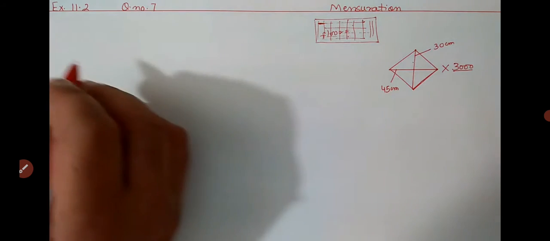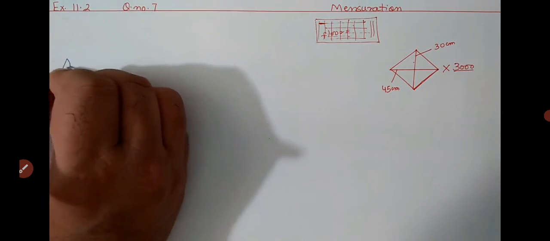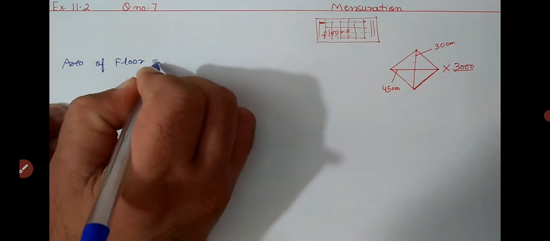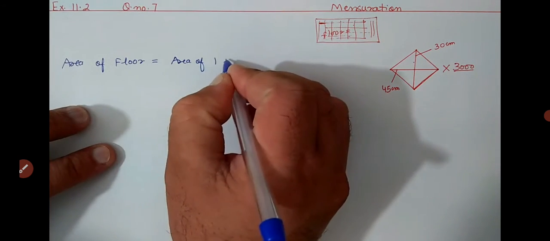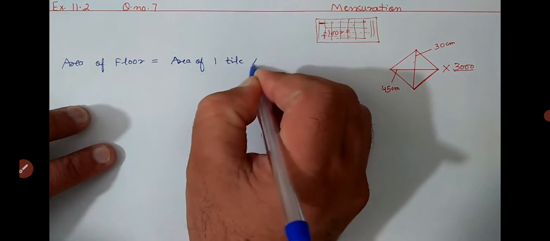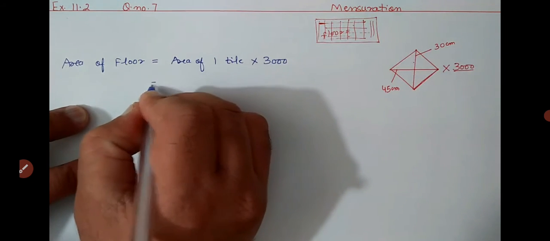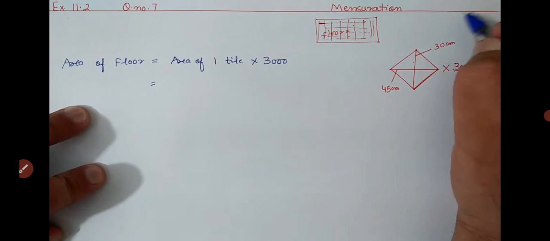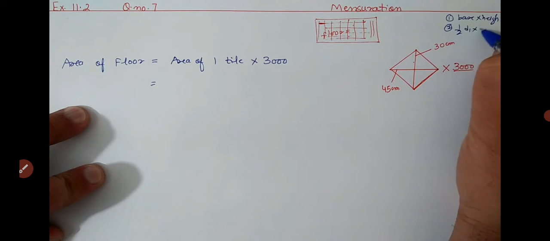So what we can do here, we know the area of the floor is equal to the area of one tile into 3000, because the number of tiles is 3000. So area of tile, because the tile is in the rhombus shape, we know that base into height, and second, 1/2 d1 into d2.